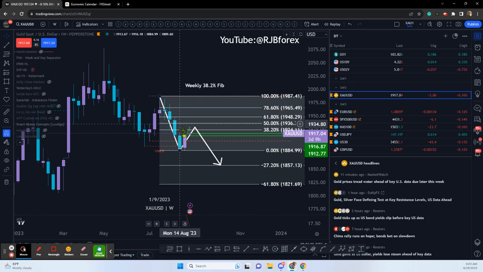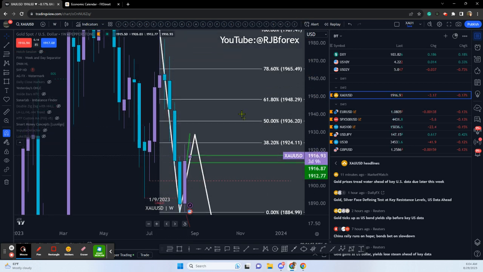So we've had a move down, a change of character in breaking out this low here internally. So move down and move up into the 38.2.